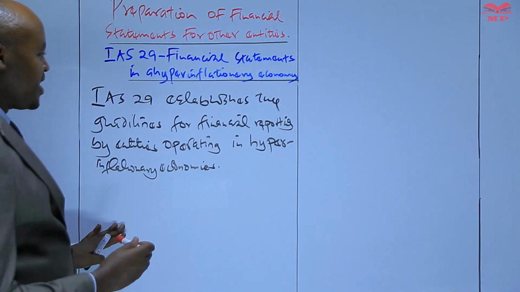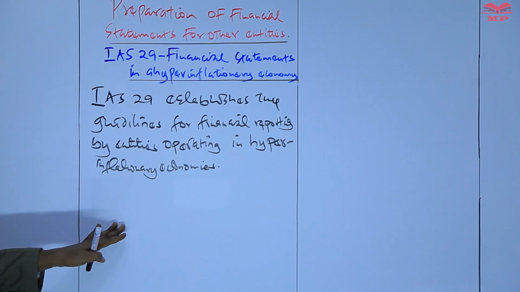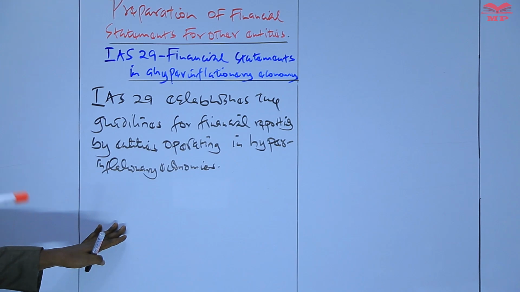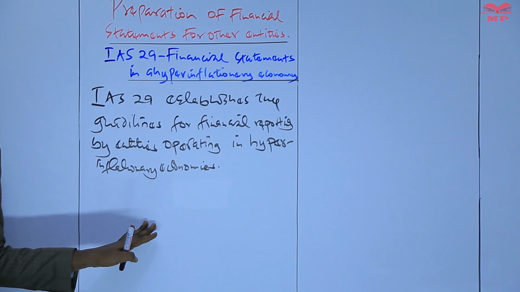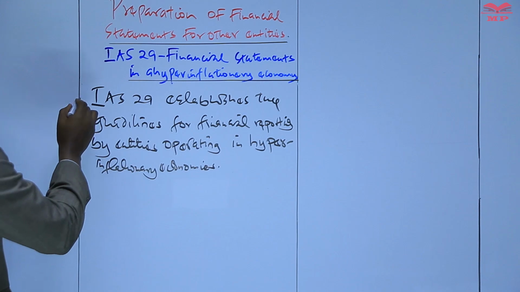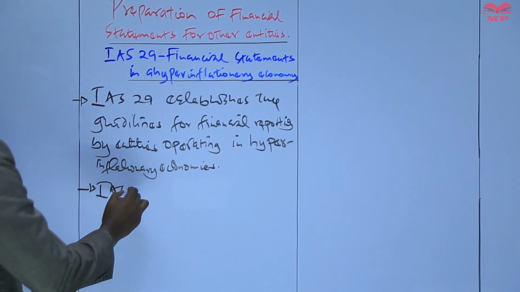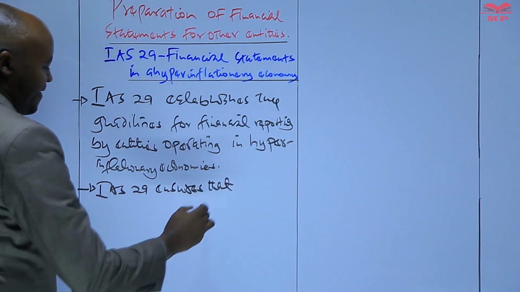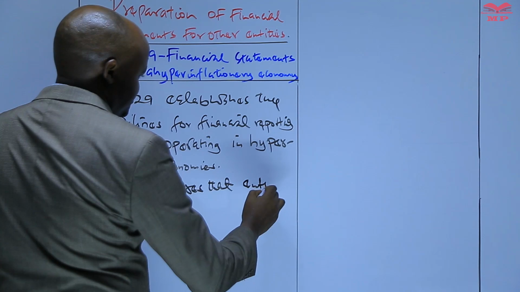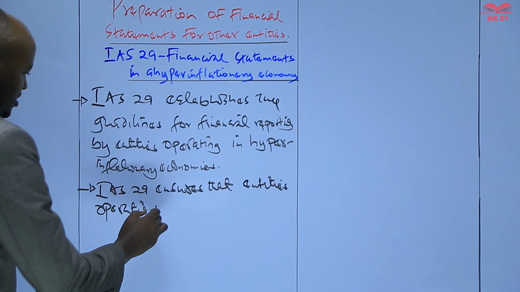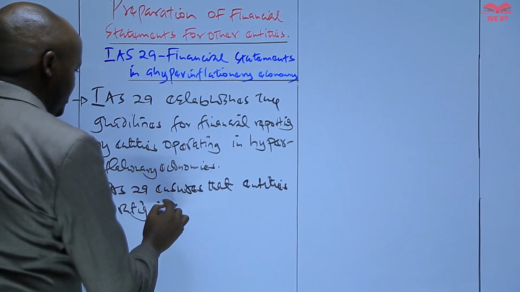And therefore, IAS 29 ensures that entities operating in hyperinflationary economies provide financial information that is reliable, relevant, and also what? Comparable.